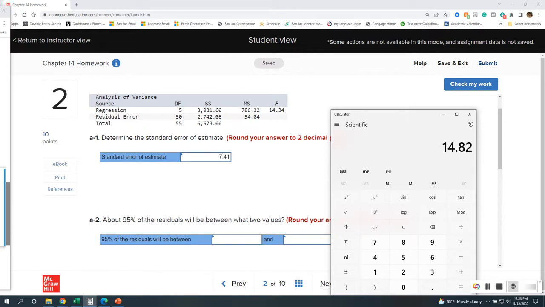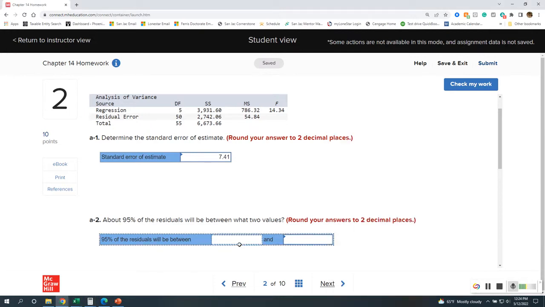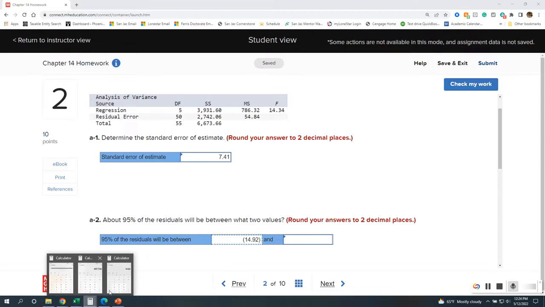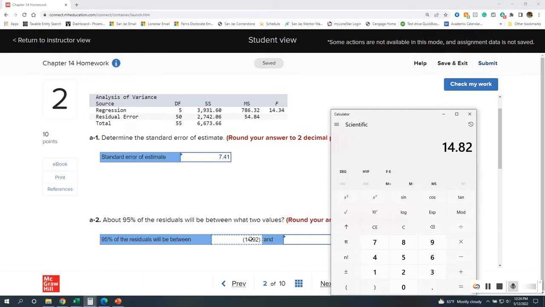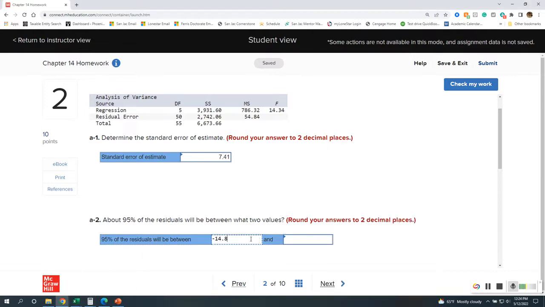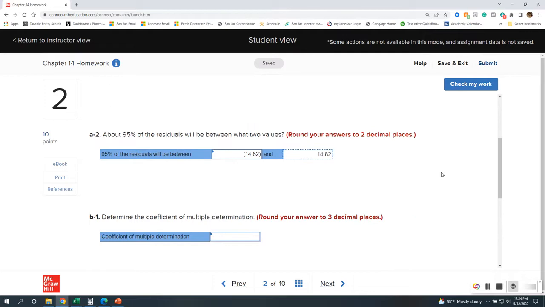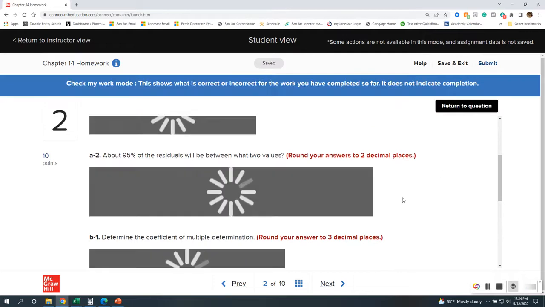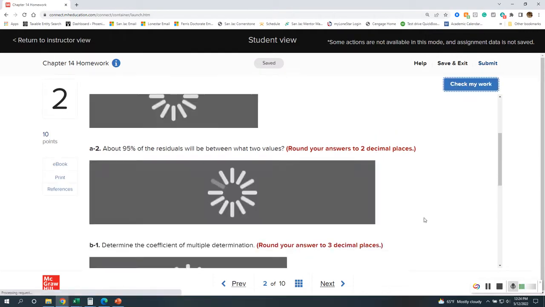Okay. So basically, it's going to be between negative 14.82 and positive 14.82. Alright, check. There we go.